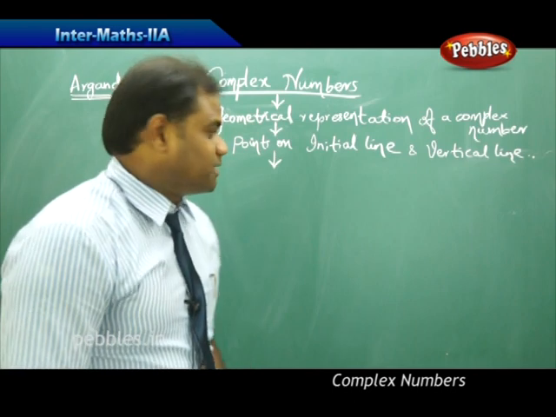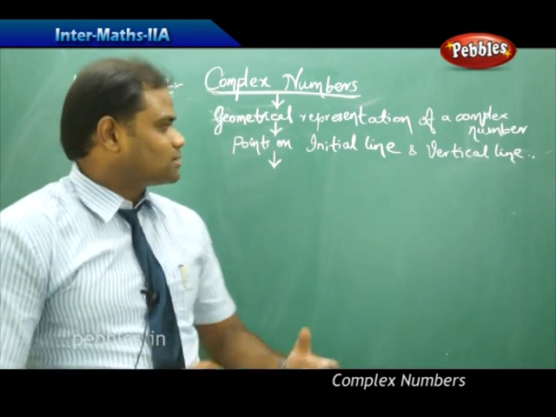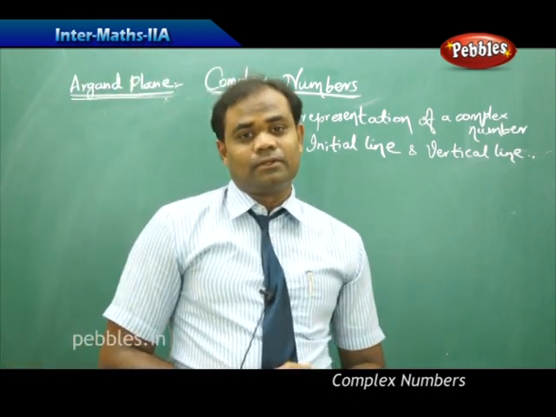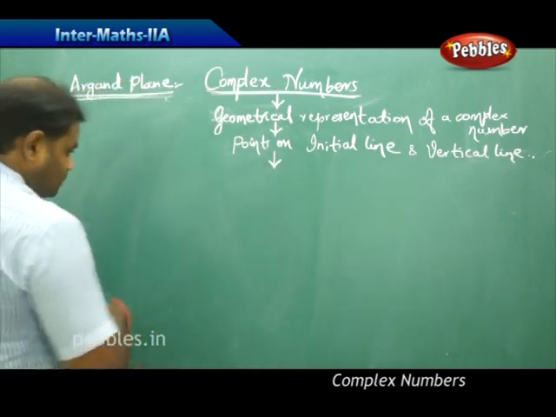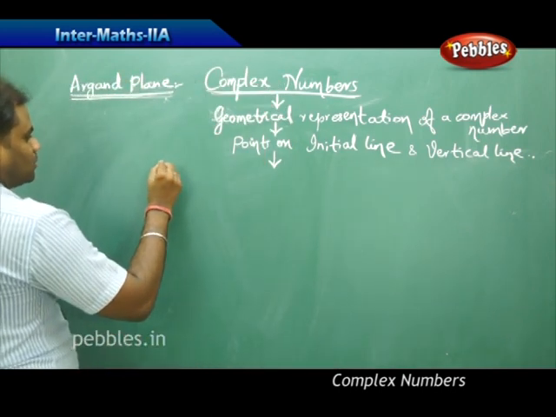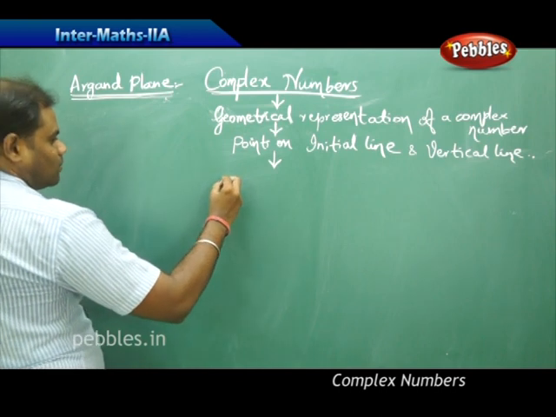Now comes the special case of identifying the points on initial and vertical line. So let's take the Argand plane where I represent the complex number Z equal to x plus iy.